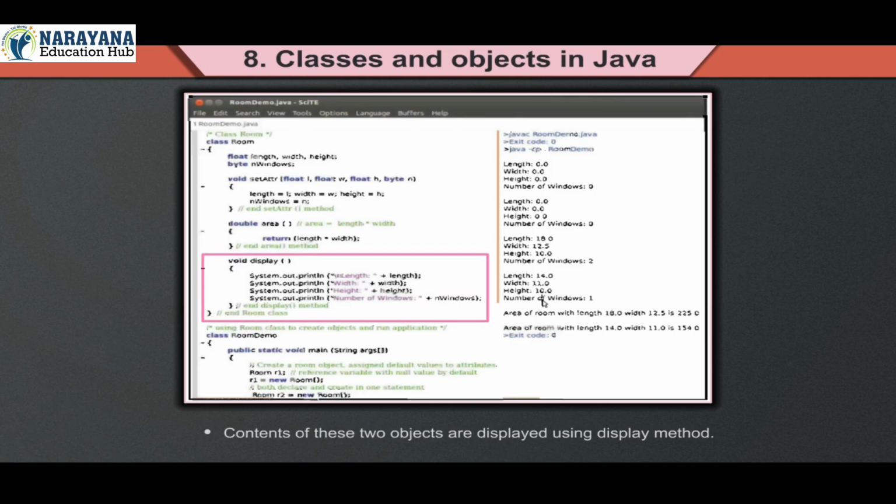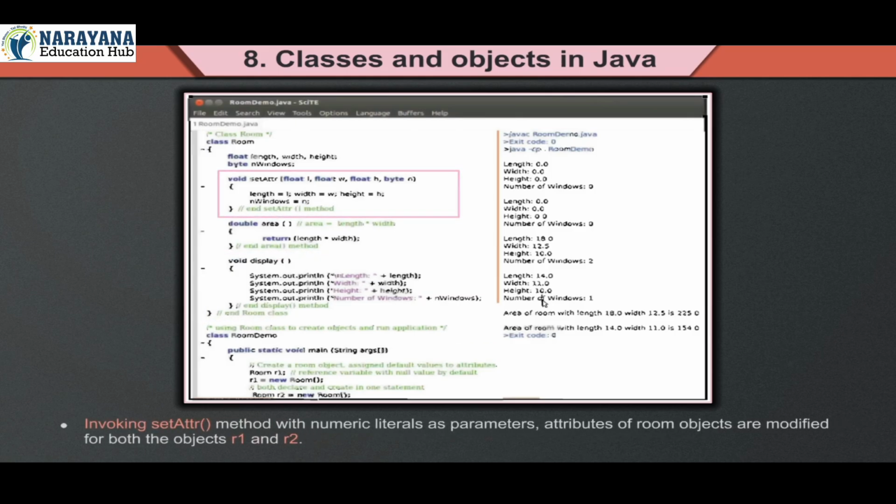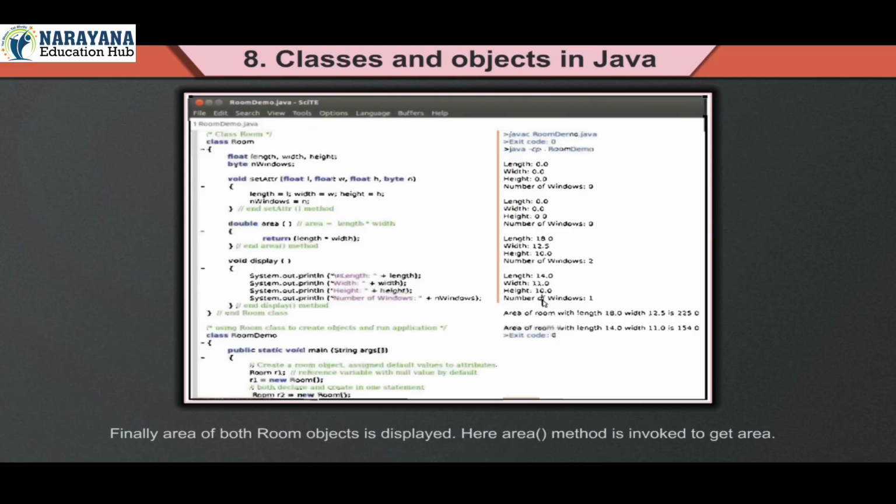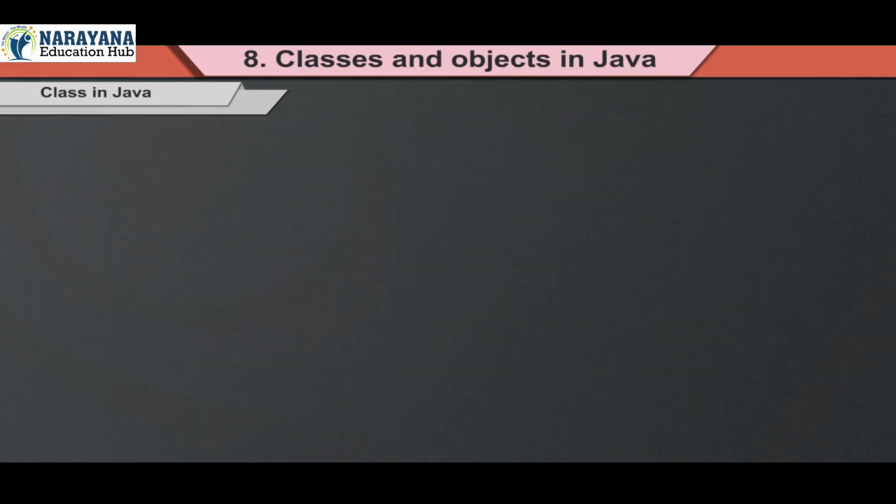Contents of these 2 objects are displayed using the display method, and the setData method is invoked with numeric values as parameters. Attributes of room objects are modified for both objects R1 and R2. The updated contents of the 2 objects are displayed. Finally, the area of both room objects is displayed. Here, the area method is invoked to get the area.